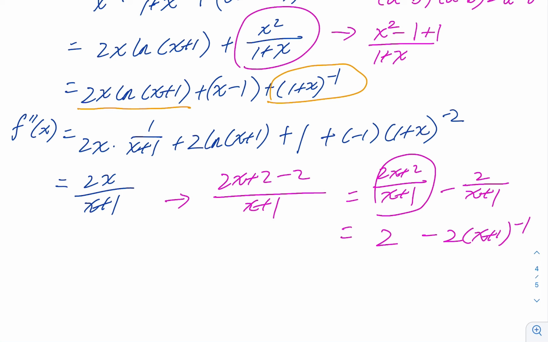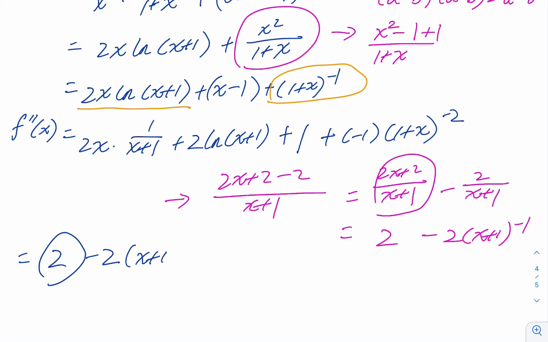Okay. So, if we take out a number like this, we're going to have a constant coefficient at the front of this function, which is easier to do.